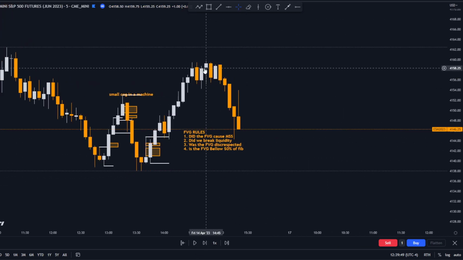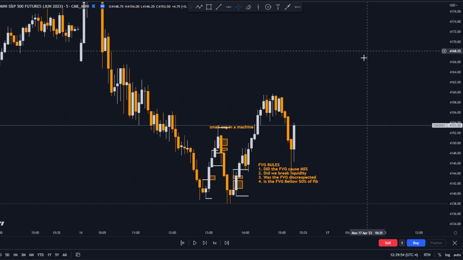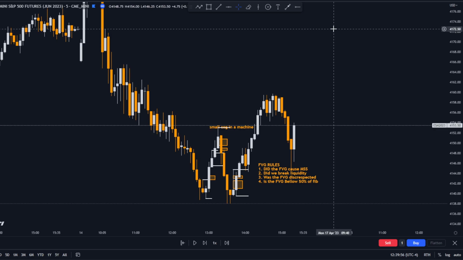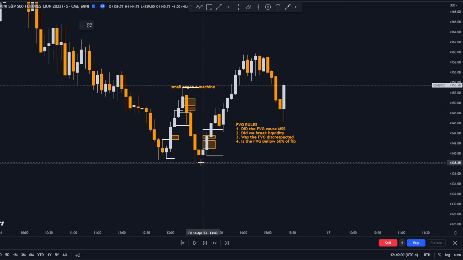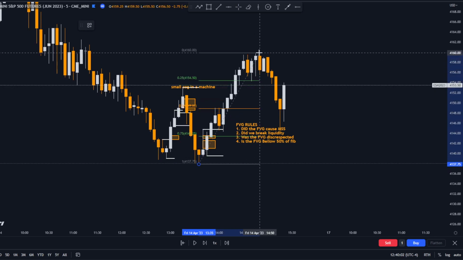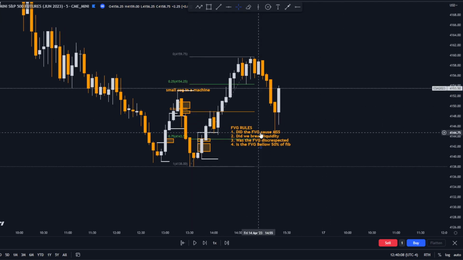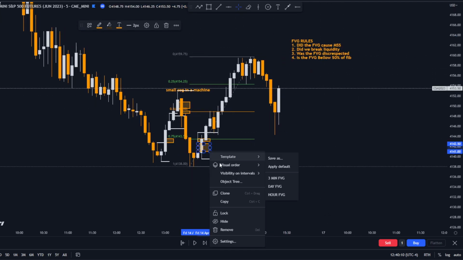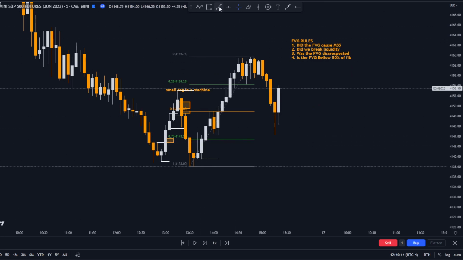So we have this move right here. Okay. I'm expecting the move to hit maybe this fair value gap right here. So you should take your FIB from the low to the high, like this, and you have the 50%, and you want to see the fair value gap to be below.